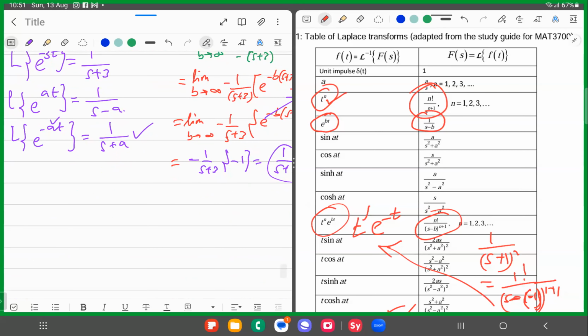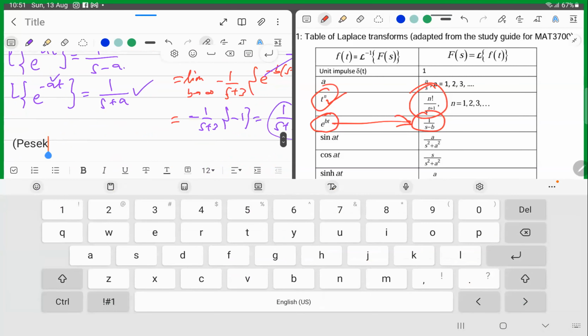So you have e to the bt, for example. e to the bt is 1 over s minus b. So in other words, the Laplace transform of e to the bt. Okay, it's this app now. It's typing.